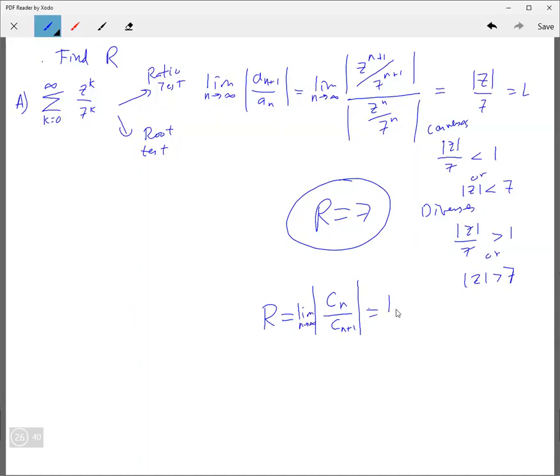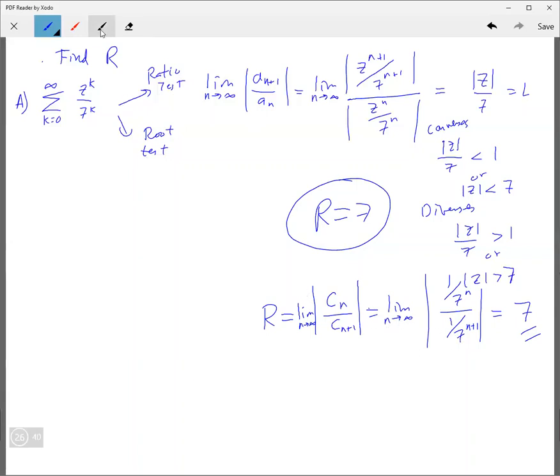What I mean by that is, when you put an n in here, ignore the z part, and you only have 1 over 7 to the n, right? And here you have 1 over 7 to the n plus 1. So that ends up being 7 as the radius. So you can flip it, take the reciprocal, but only look at the coefficients, since that's going to give you the radius of convergence.